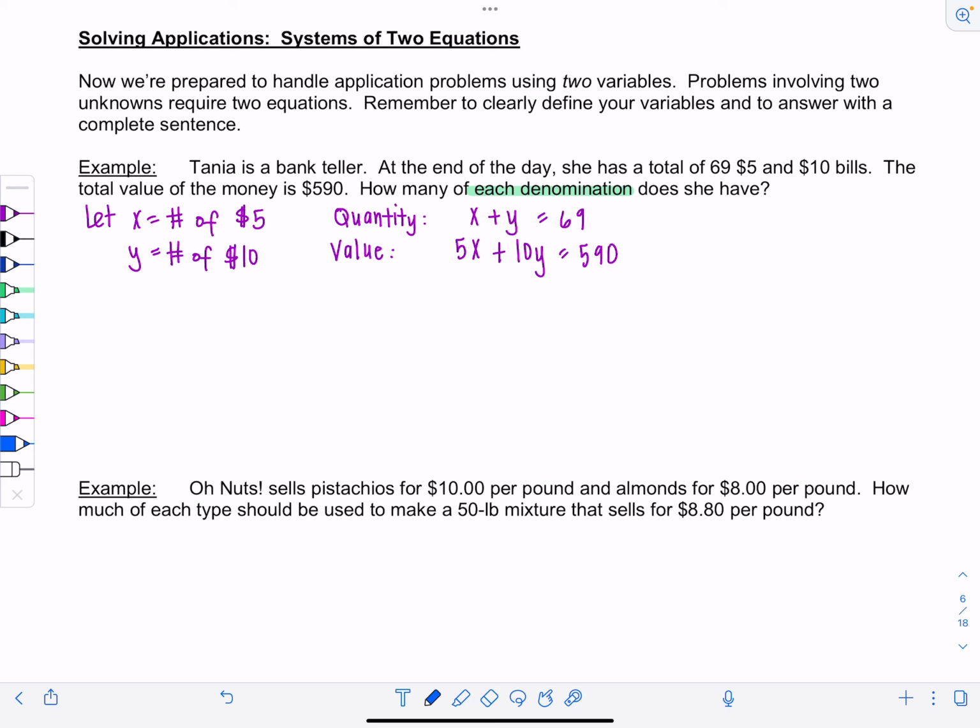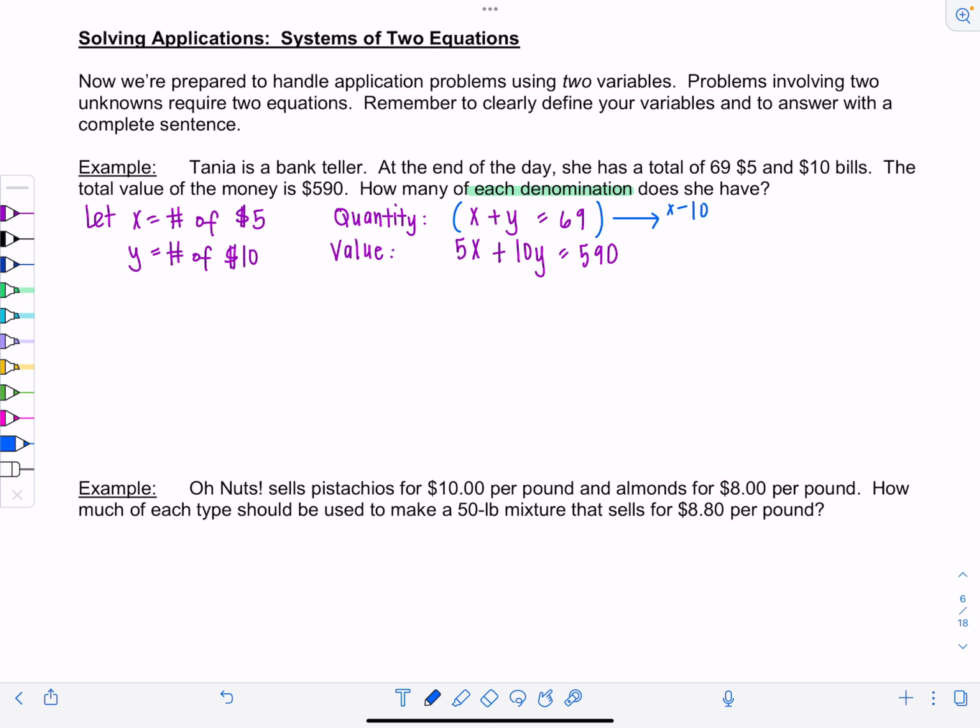I don't care, substitution or elimination. We'll switch it up. Let's do, how about, elimination should be fine. Let's multiply the top equation by -10, right? If I multiply by -10, and then the bottom equation, I'll do nothing to, okay?